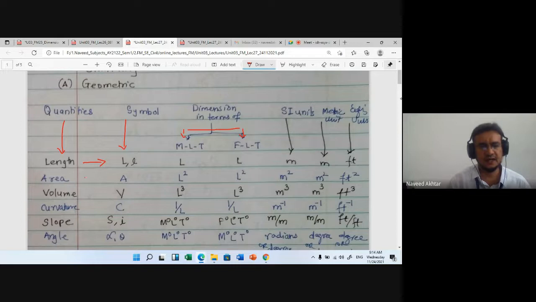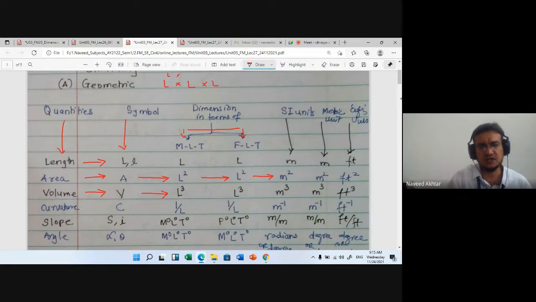Then area has the symbol A, and area is nothing but length into breadth. You generally see that, but we are measuring both length and breadth as length. So that's why the dimension of the area is L square, and in the force system also L square, and the SI unit of area is meter square. All these things you know, but I'm revising. The volume is the three dimensions, that is length into length into length, that is length, breadth, and height.